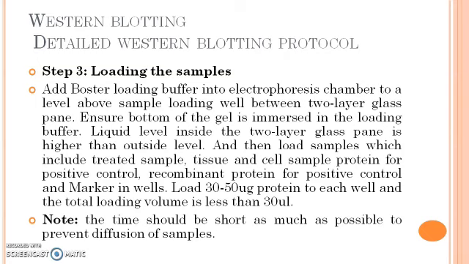Then load samples, which include treated tissue and cell sample protein, recombinant protein for positive control, and marker in wells. Load 30 to 50 microgram protein to each well, and the total loading volume is less than 30 microliter. Note: the time should be as short as possible to prevent diffusion of the sample.